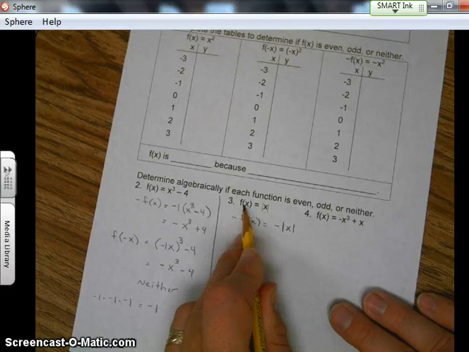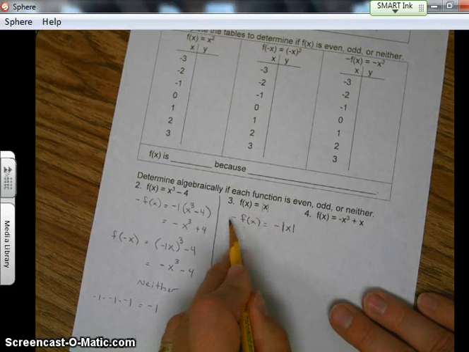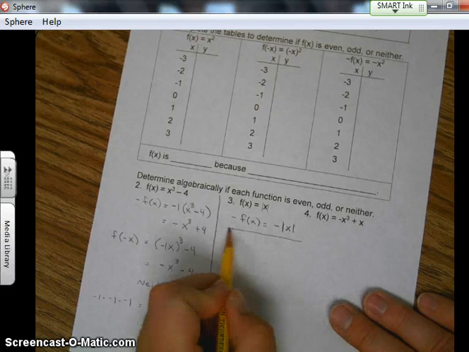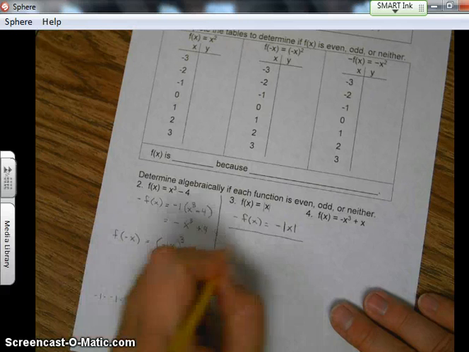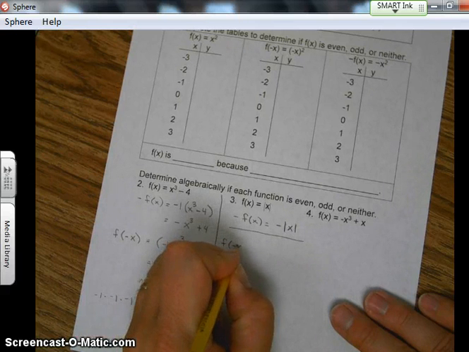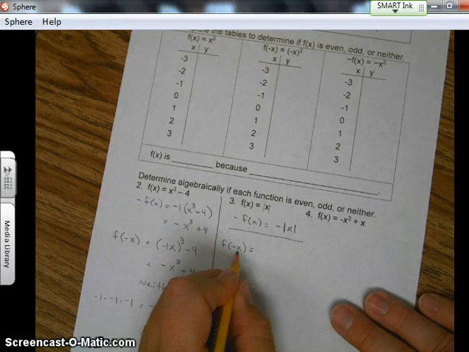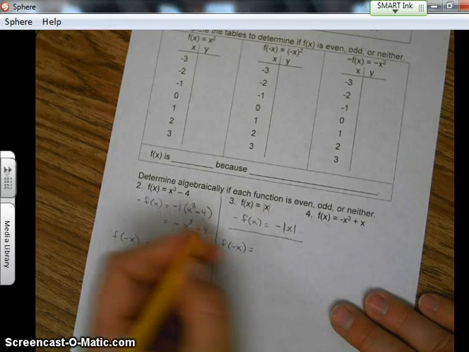We want to know what the original function equals, and we want to know what the negative of the function equals. Now, we do the f of negative x, and we plug it into the original function.